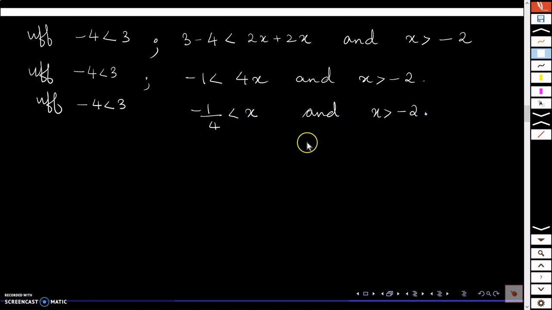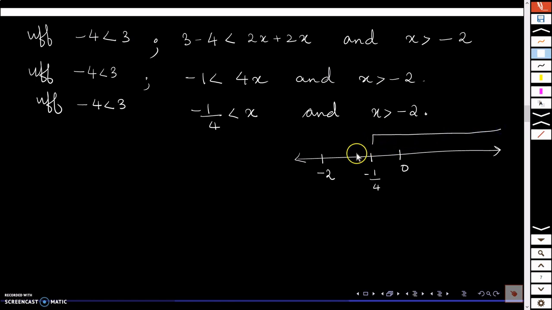So if you plot these 2 points now on the number line, let me draw the number line. 0 is here. Minus 1 by 4 is minus 0.25. So it will be here and minus 2 is still less than that. Right? So points which are bigger than minus 1 by 4 are these points here.